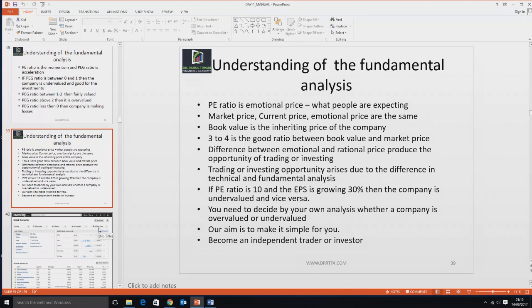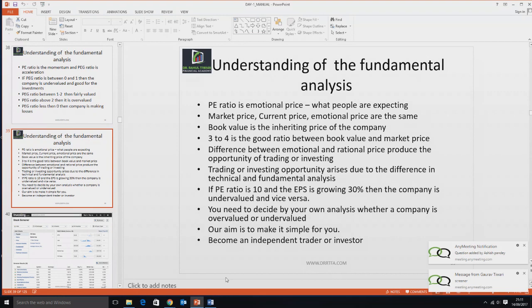So now let's go back to it. Could anyone tell me which is the site where we go and do all of our fundamental analysis? Tell me, guys, fast, fast. Screener, correct, Amarjeet.